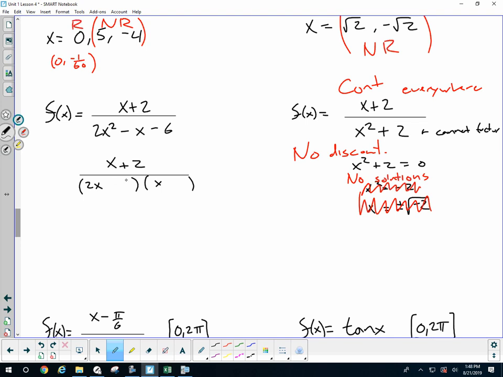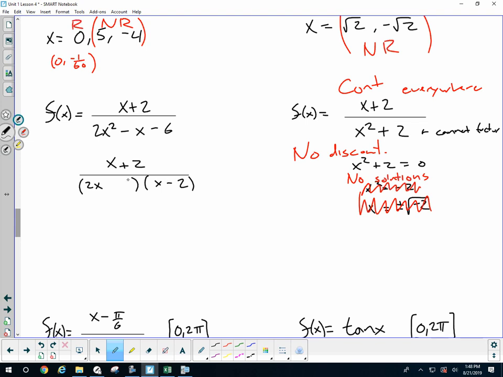Now, I'm thinking -3 plus 2 is 1, right? Well, also -4 minus 3 is -1, right? That's why I'm thinking if this is -2 here, 2x times -2, that's -4x.